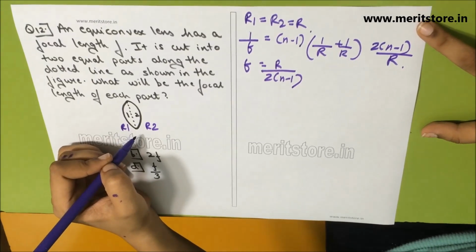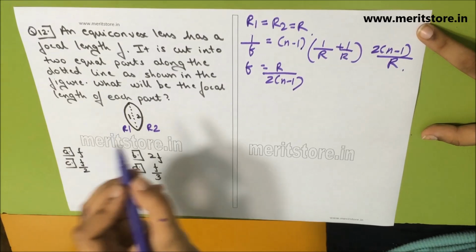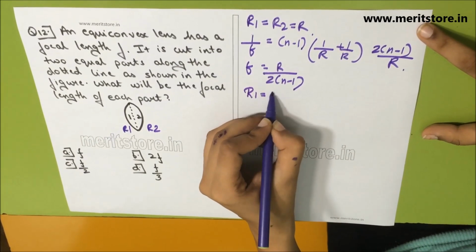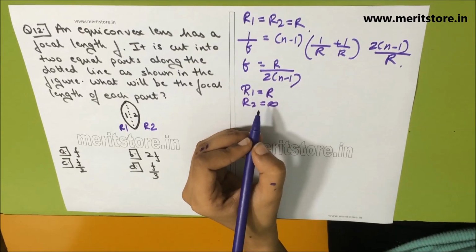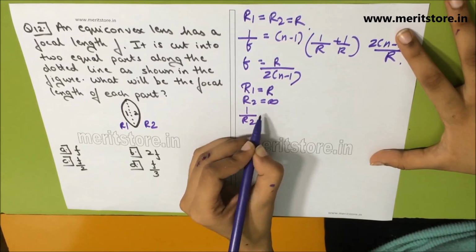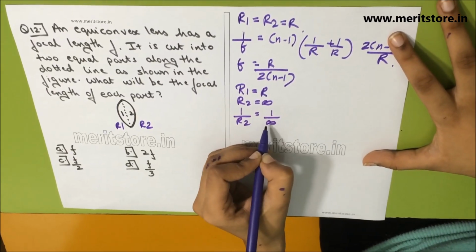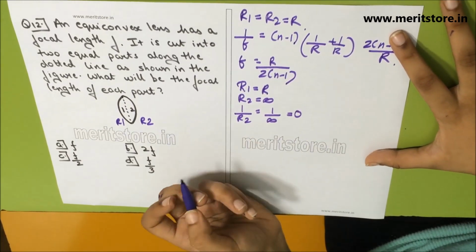Now when we cut it into two parts, each becomes a plano-convex lens for which R1 will be R, but R2 will become infinity. If R2 becomes infinity, 1 upon R2 will be 1 upon infinity, and 1 upon infinity eventually boils down to 0.